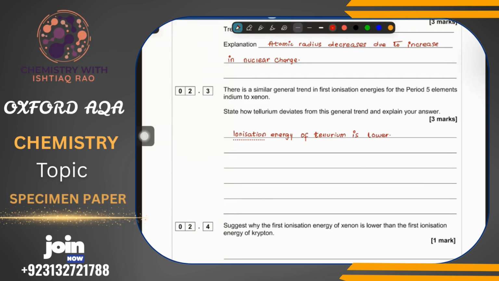Because when the ionization energy is lower, the element is unstable, so we have to see tellurium's group. Do I write the electronic configuration of tellurium? Yeah, it would be easy for you to get a mark. You have to talk about the paired or unpaired electrons.